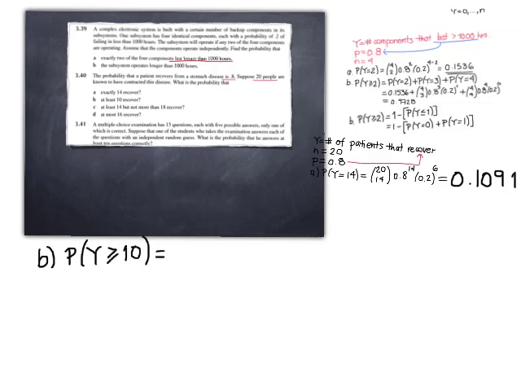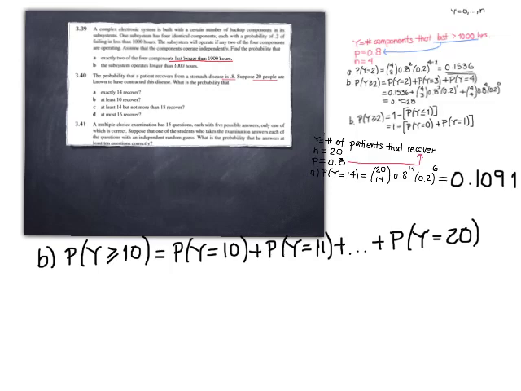So you will need to add the probability of y equals 10 plus the probability of y equals 11, and so on until the probability of y equals 20. And you can use the formula for each term, and you should get 0.99940. So that would be the result for letter B.